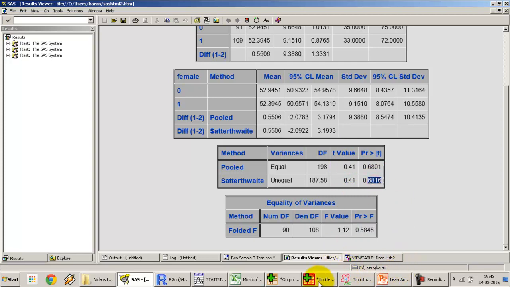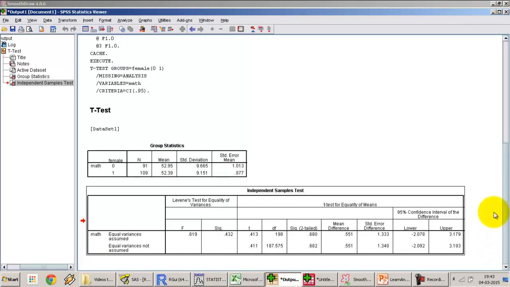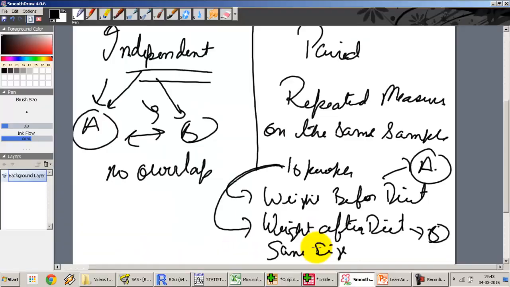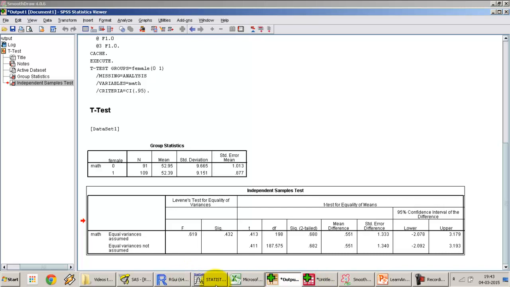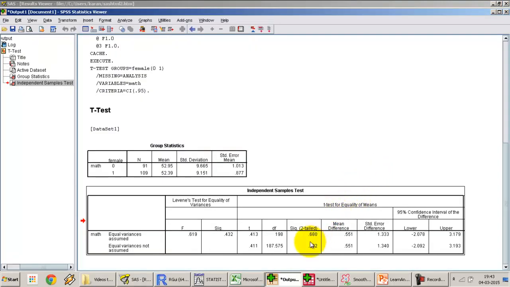So if I look at the SPSS result, it should come exactly the same. I look at the SPSS result, and there we get the significance two-tailed 0.682 and 0.680. So equal variance is not assumed is 0.682. If I compare it with SAS, we actually get 0.6816, which if rounded to 3 digits becomes 0.682. If equal variance is assumed, it rounds to 0.680.